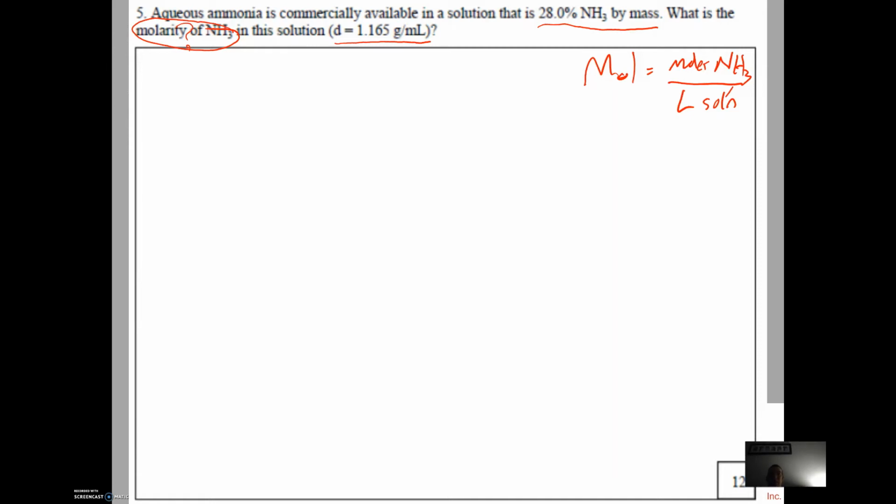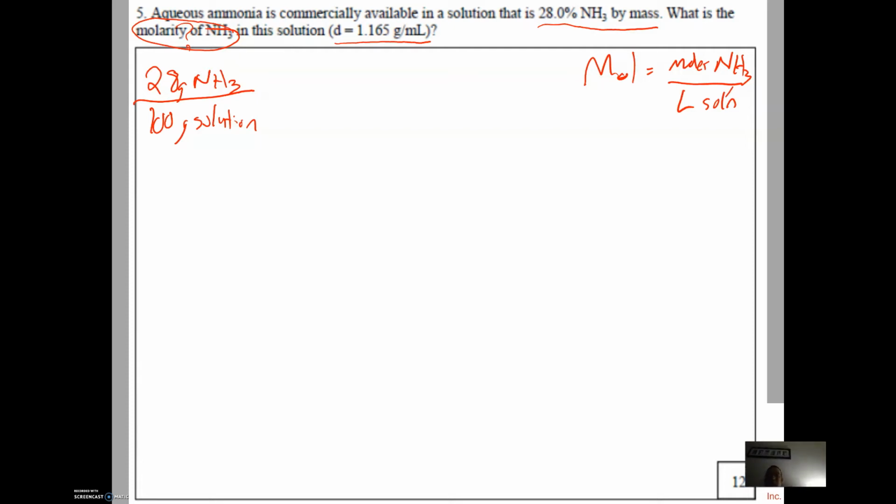So what are we given? First thing, we're given our percent mass. That means that we have 28 grams of NH3 per 100 grams of solution. That's the first thing. So we have to take the percent and write it in this form that you see here.